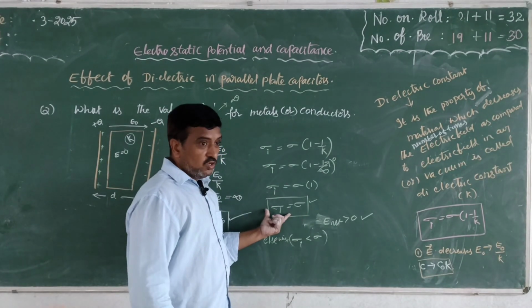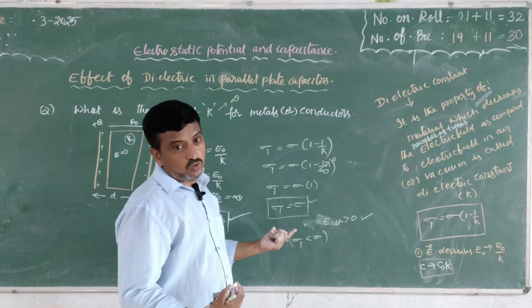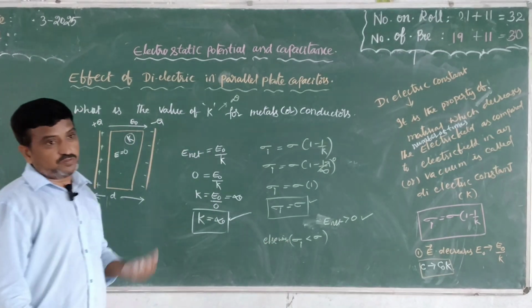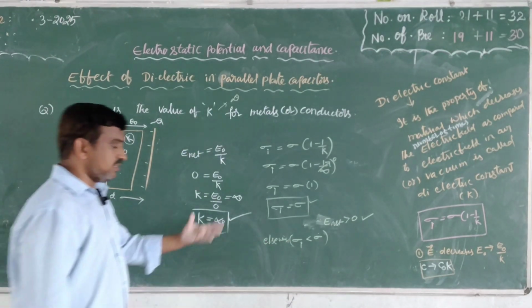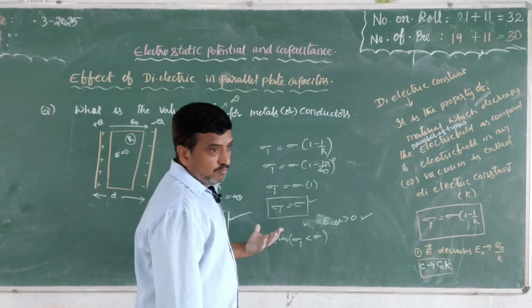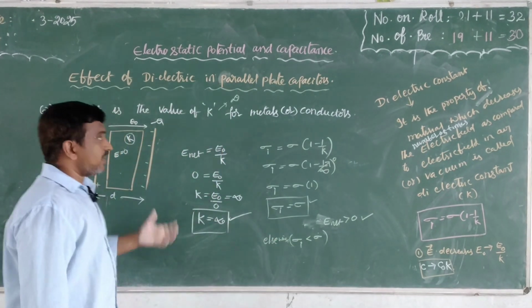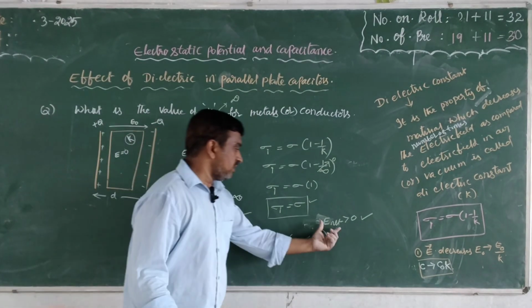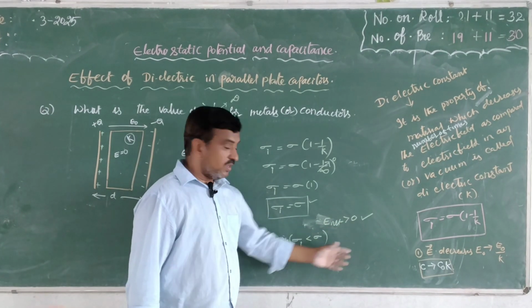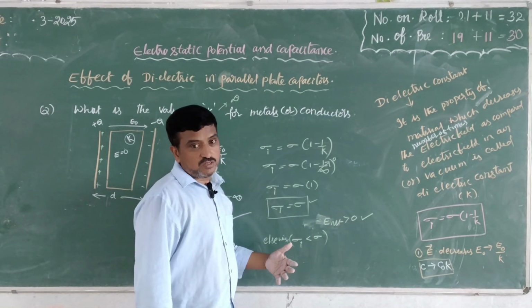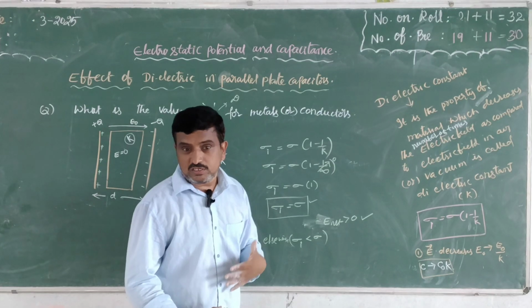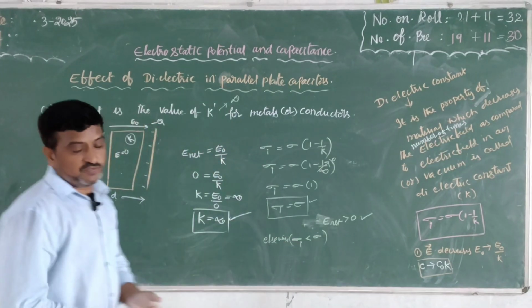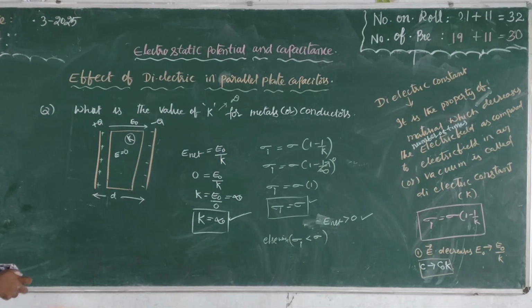Because the electric field inside the conductor is 0, for a metal dielectric the individual surface charge density equals the surface charge density. In the case where E net is greater than 0, sigma I is definitely less than sigma.